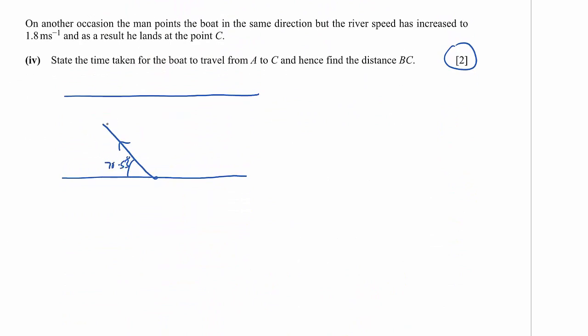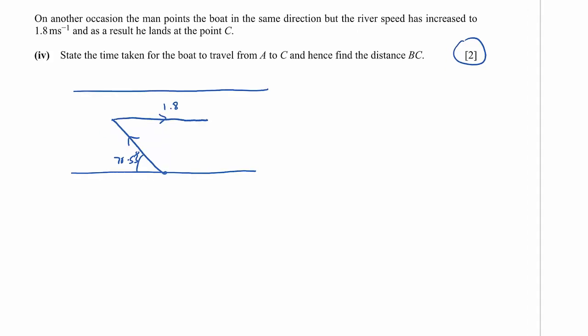And the water is now going at 1.8. And it looks like we might need to use the cosine rule. It's only 2 marks, so I'm thinking there must be something easier.